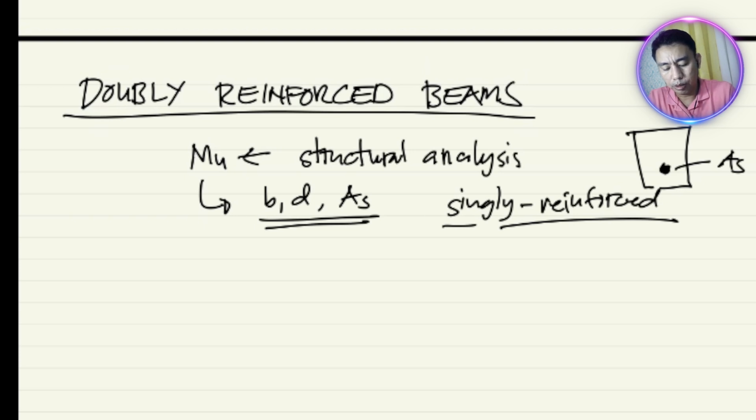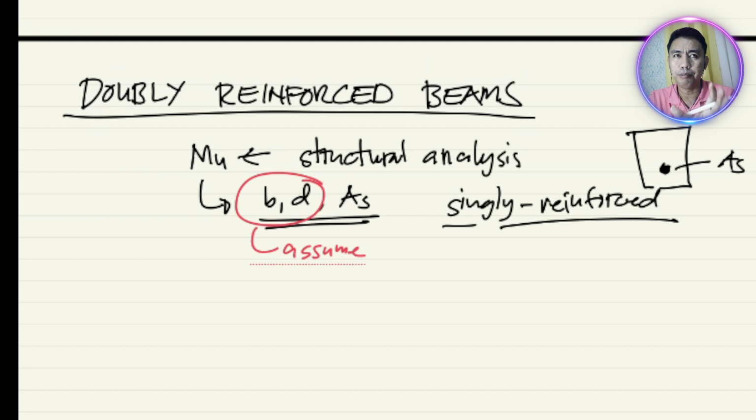So in the recent design approach, we always assume first the B and then the D. So we assume first B and D, and in practice that is typical, or by experience we can assume.